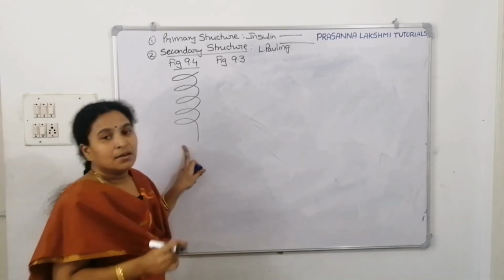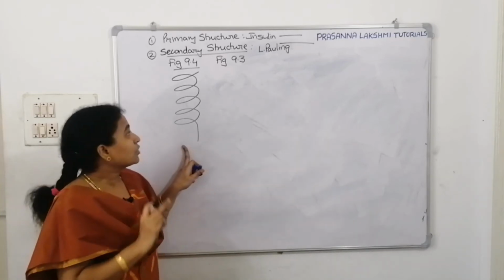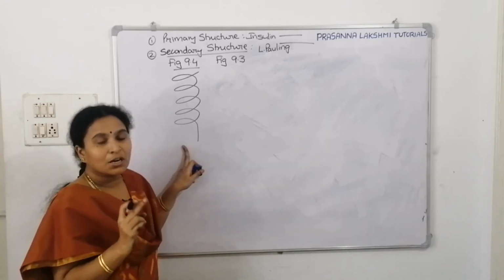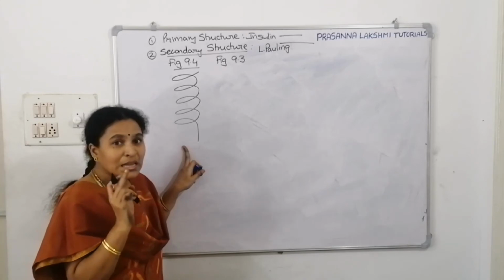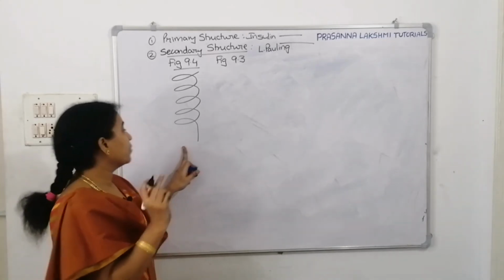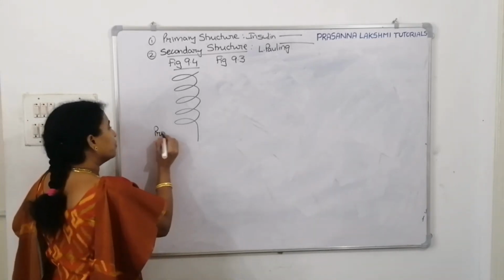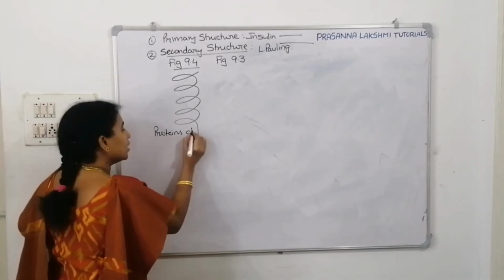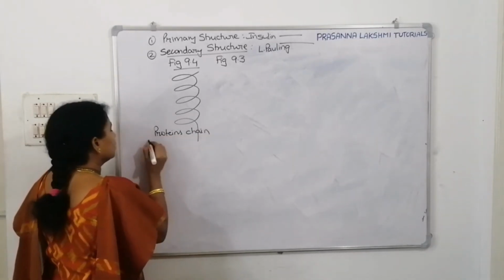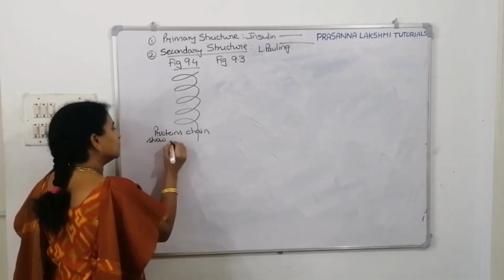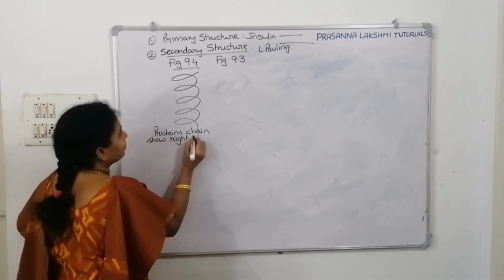Then they are telling which type of turns are found in proteins, right-handed helix or left-handed helix. There are only right-handed helices found in proteins. Protein chains show right-handed helices only.